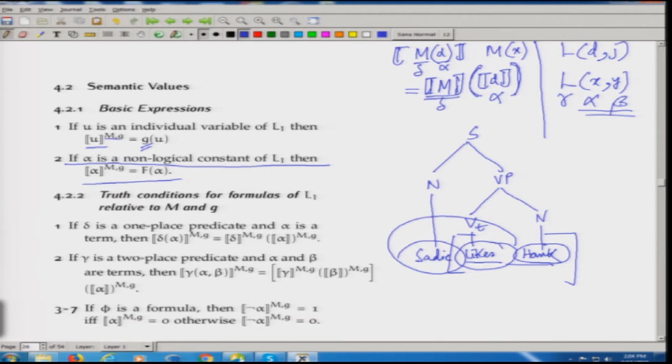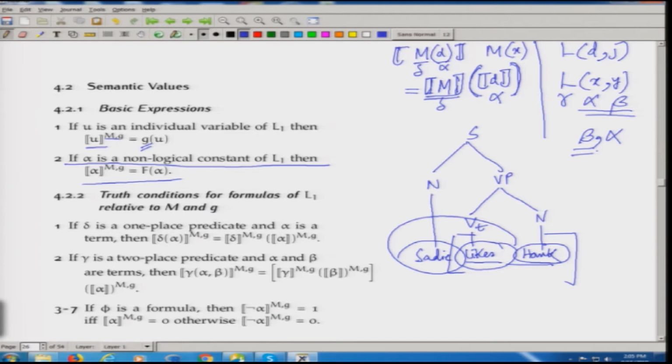So, although the order in language is alpha beta, the order of the functional treatment is beta alpha, because beta first combines or first unites with the 2 plus predicate. So, it is always beta alpha. Alpha beta is our linguistic order, but beta alpha is our functional order. The function will take first beta and then alpha.